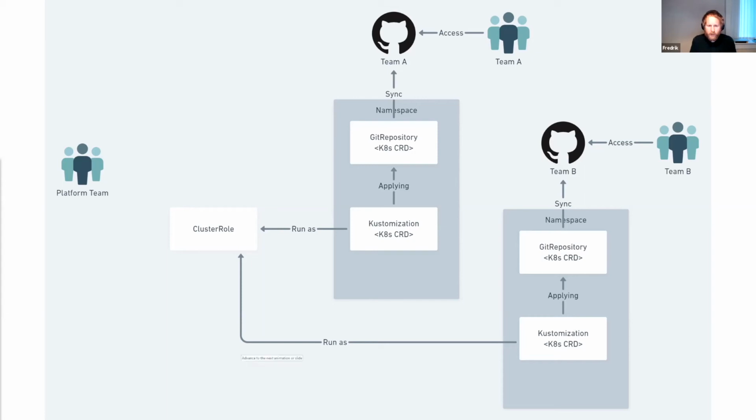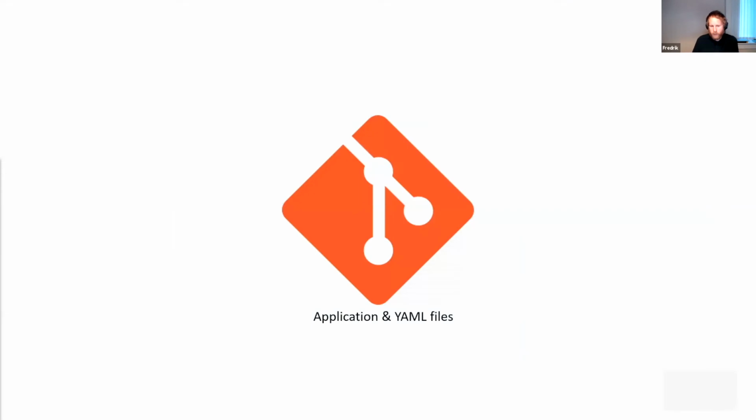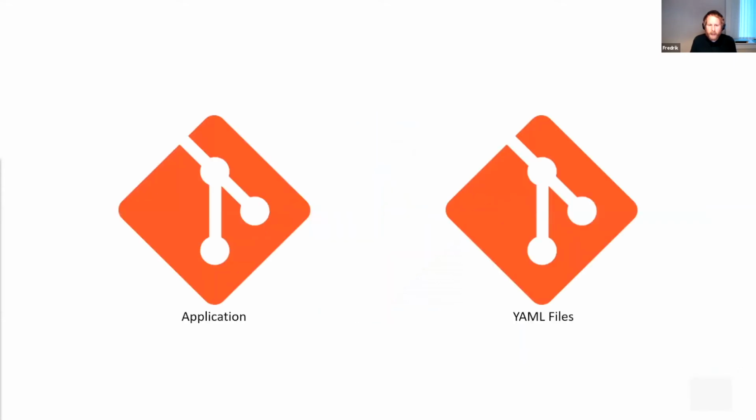So for the individual teams, what we're seeing now is that they have a repo where they have all the application code and all of the Kubernetes YAML files. So for each of those applications, you typically take and rip out all of the YAML and put that into that repo that we just showed on the previous slide that we give them.